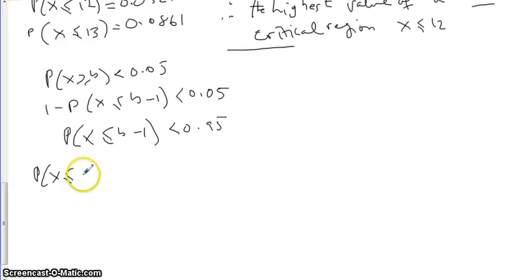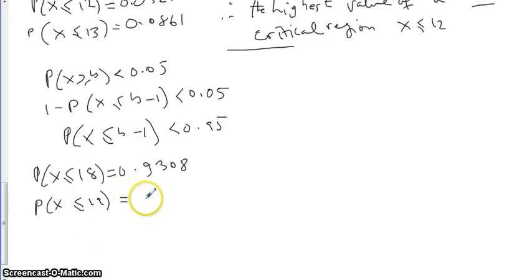So let's say we've got 18, 0.9308, and the probability that x is less than or equal to 19 gives us 0.9885.